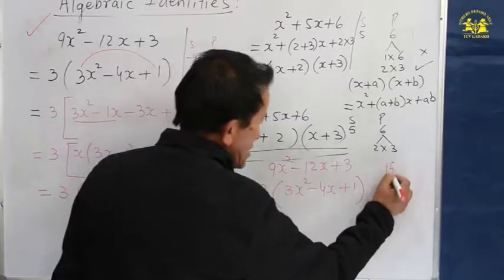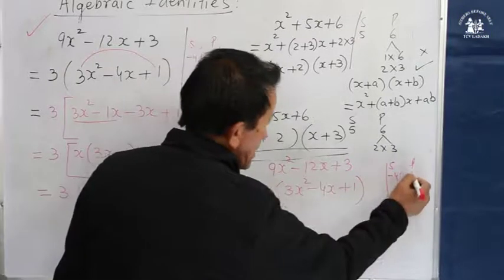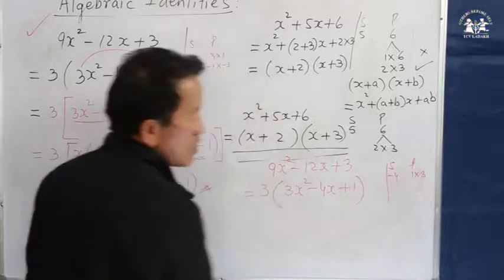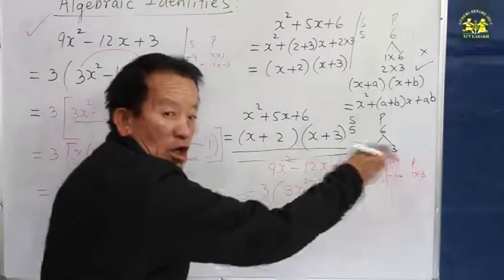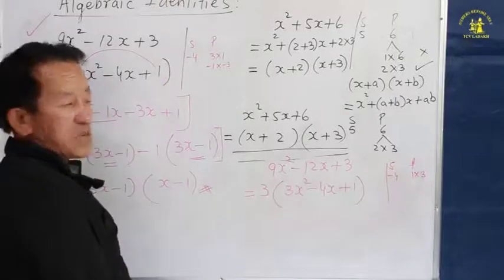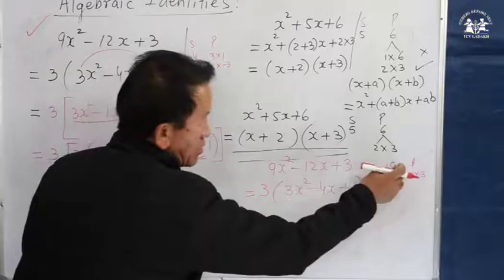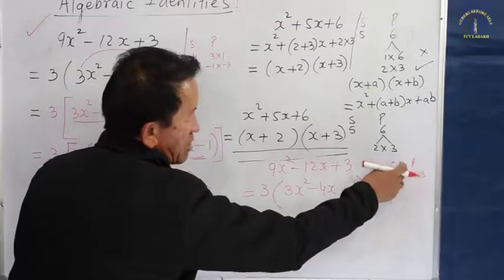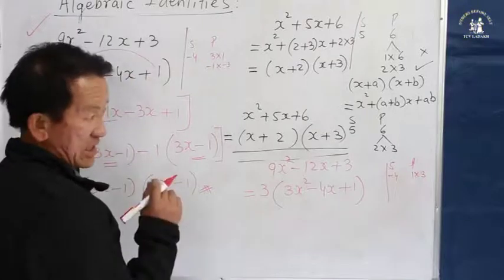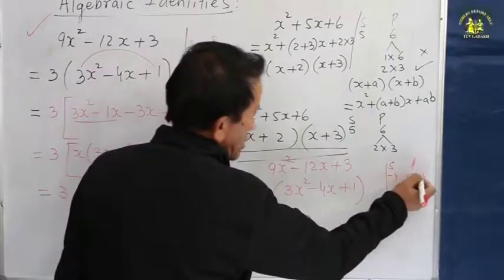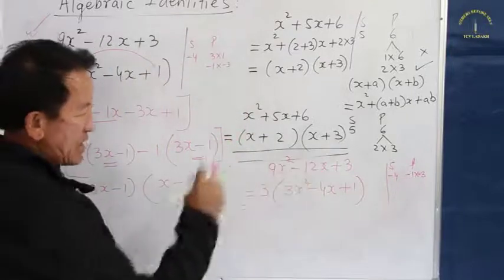The sum is minus 4, the product is 1 threes are 3. The product is positive, so both the numbers should have the same sign. We check the sign of the sum. The sum is negative, so both the numbers will be negative. So the two numbers are minus 1 and minus 3.